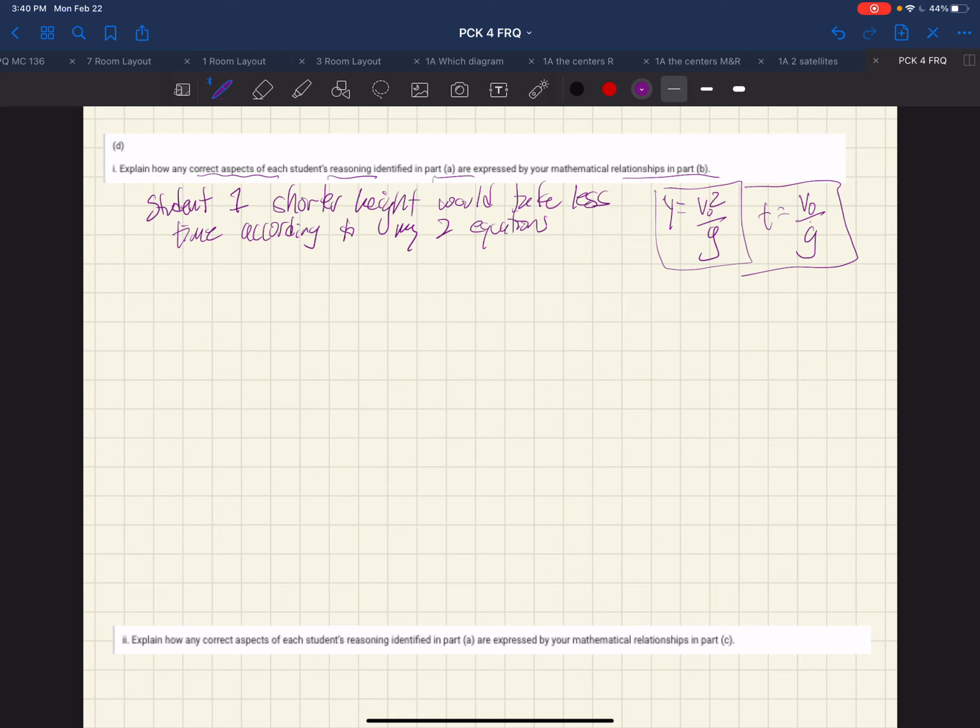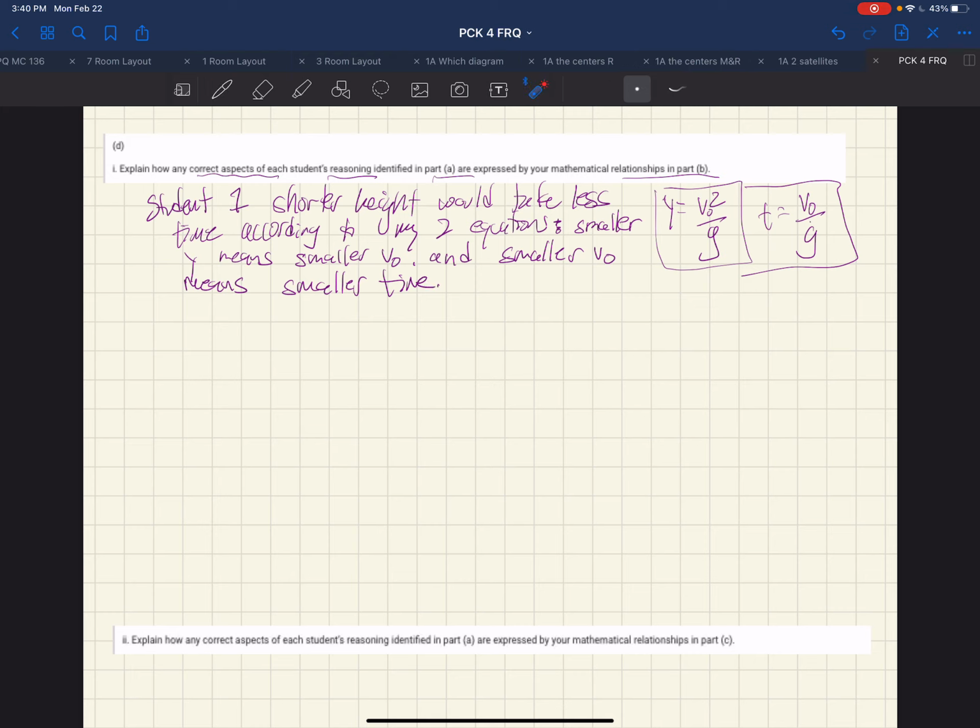And that happens because smaller y means smaller v0. And smaller v0 means smaller time.